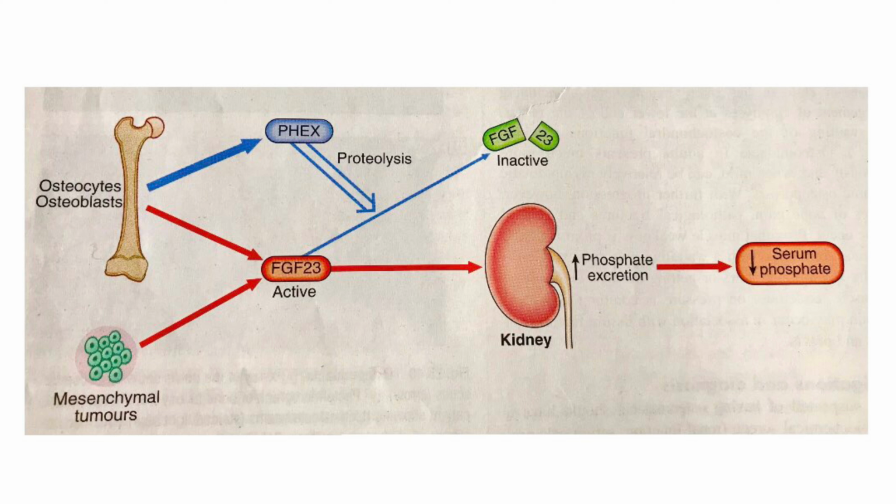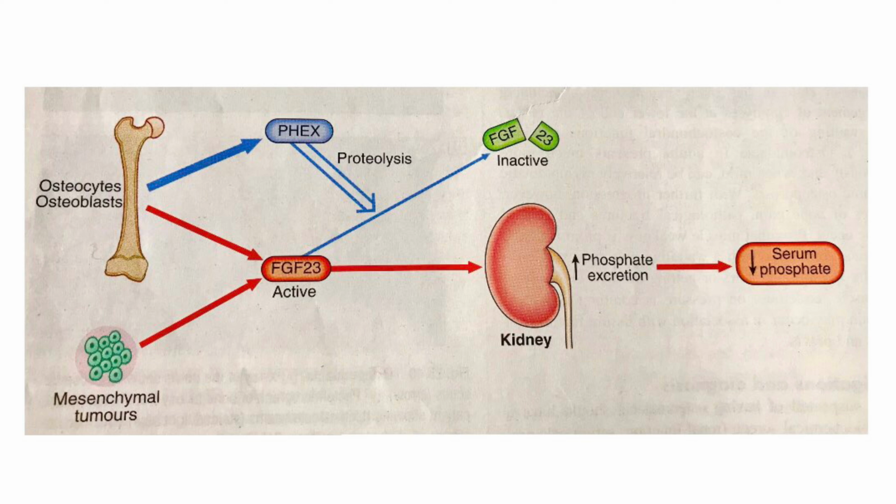FGF23 enhances excretion of phosphate by kidneys. Levels of phosphaturic hormones are in turn regulated by the enzyme PHEX, that is phosphate regulating endopeptidase, which degrades FGF23, and in this way levels of the phosphates are maintained in the serum.